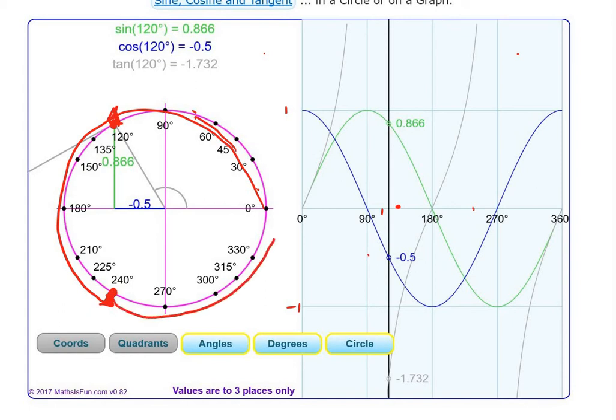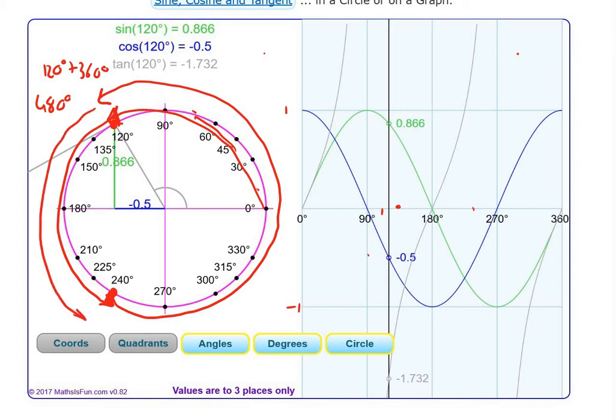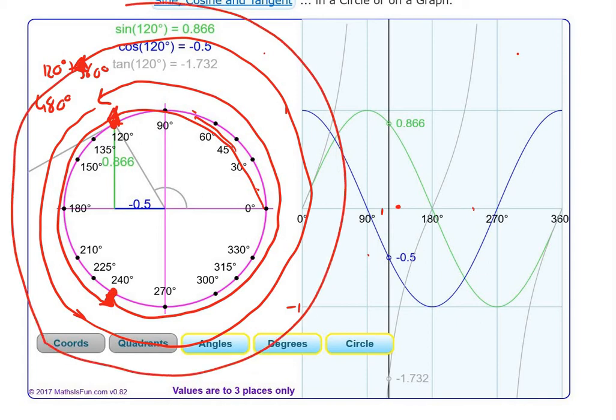However, if I keep going around again, another 360 degrees, that will be 120 plus 360, so if I went around 480 degrees, I'd also get to minus 0.5. And if I got to here again, which would be 240 plus 360, which is 600 degrees, I'd also get minus 0.5. And again, if I went around another 360, I would get minus 0.5 again and again and again.